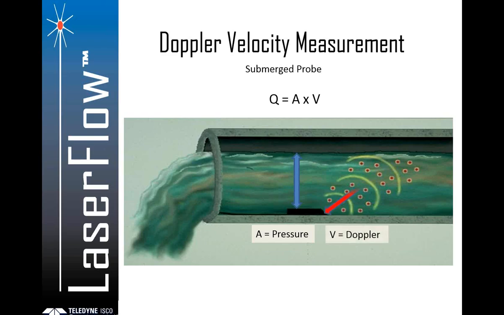And then sound waves are sent out of the beveled front end of this sensor, and we get reflection that comes back based on particles that are entrained in the water column, so we can find out how fast that water is moving, giving us our water velocity. And again, those two values are multiplied together to get the flow rate.